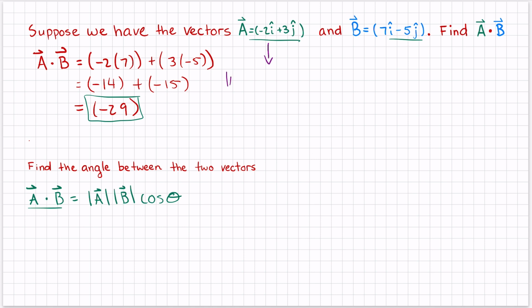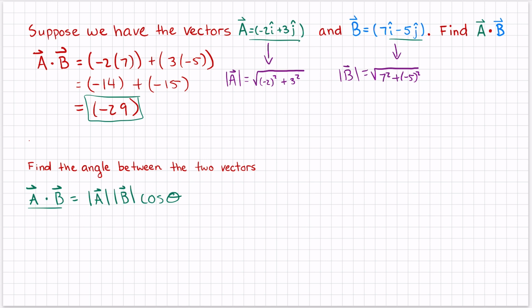So I'm going to say that the magnitude of vector A is equal to the square root of negative 2 squared plus 3 squared. And then the magnitude of vector B is the square root of 7 squared plus negative 5 squared.